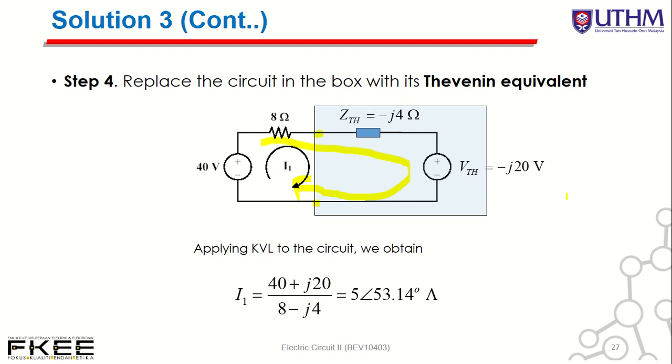If you are familiar with KVL, you can directly write I1 equals V minus VTH, minus minus becomes positive, divided by total Z. Then you can get I1. So you have done I1.